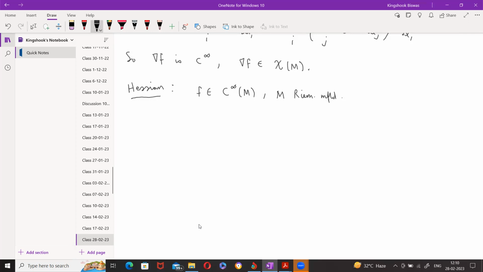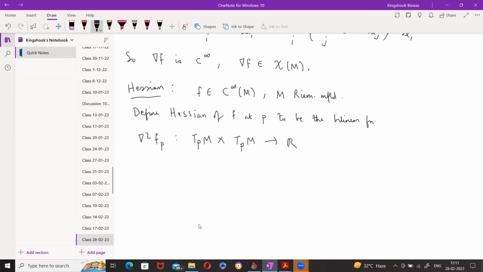So define the Hessian of f at p to be the bilinear function, which we'll write as nabla squared f at p. This goes from T_pM cross T_pM to R.